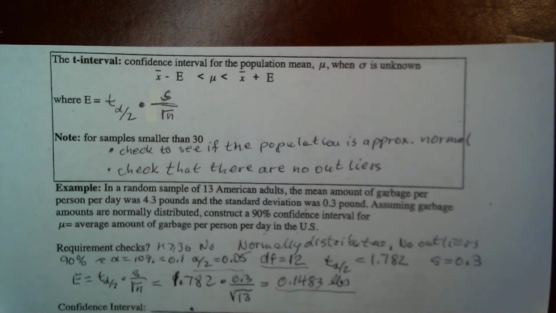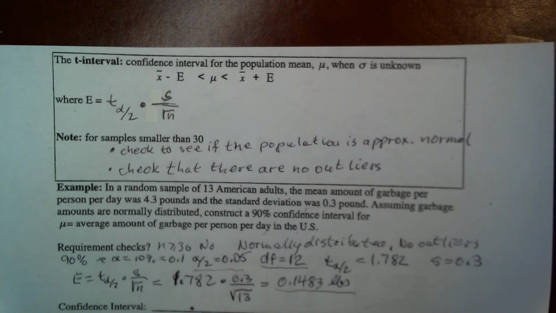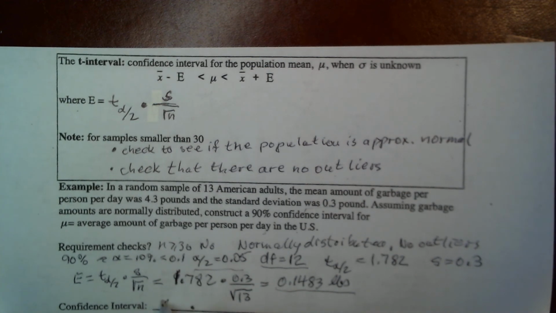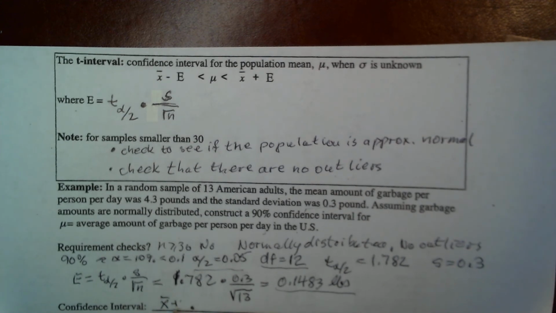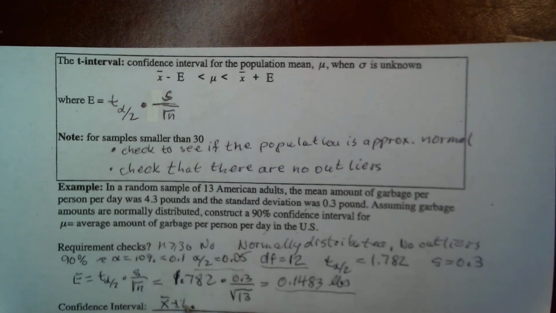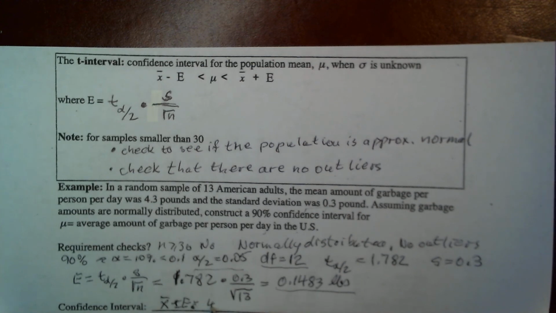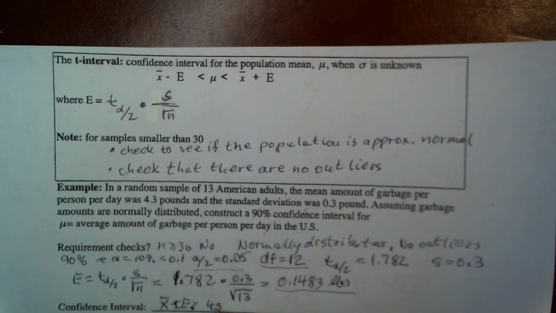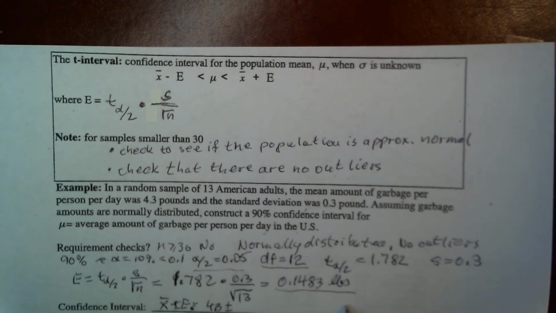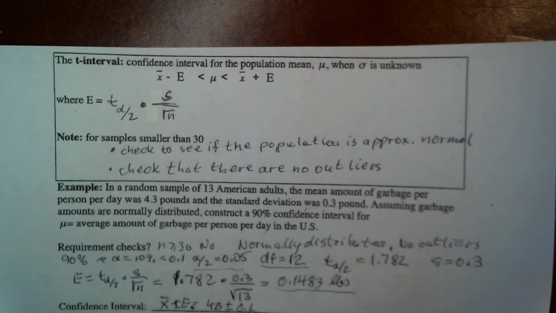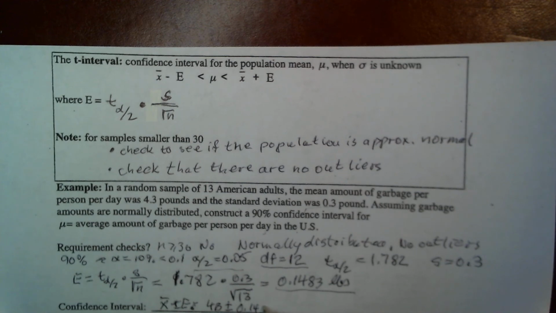And so at the 90% confidence, we can say that x bar, the sample mean, plus or minus the margin of error, equals 4.3 plus or minus 0.1483.